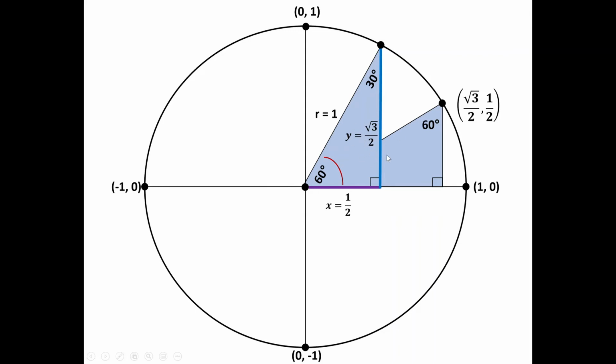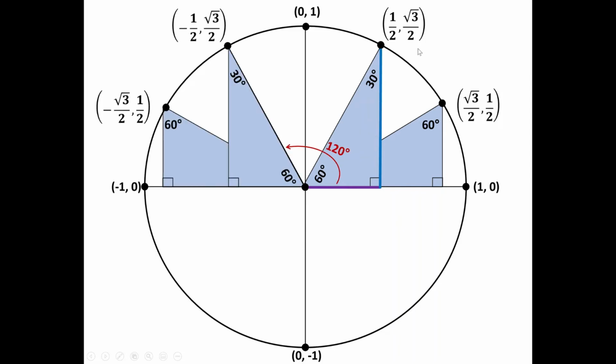So I changed it in this respect to show you that these values flipped. And now from my origin, I'm moving right 1/2 and up the square root of 3 over 2. So my ordered pair is going to look like this. My x and y values have switched because of this.